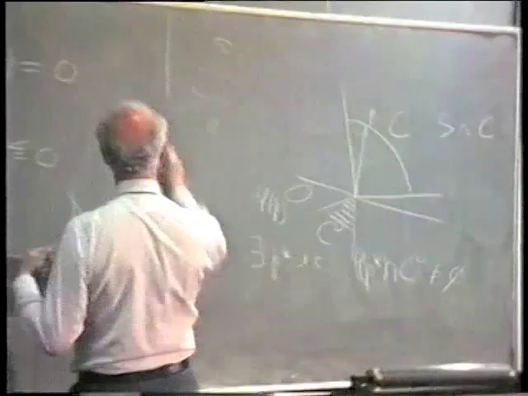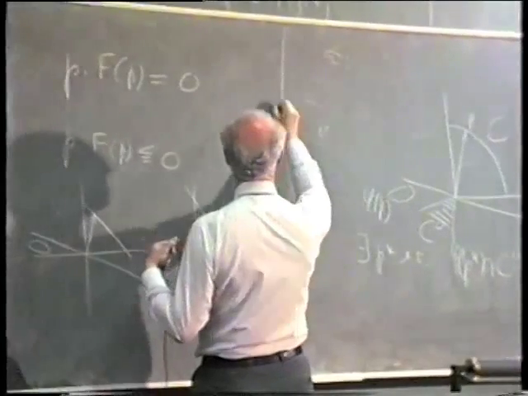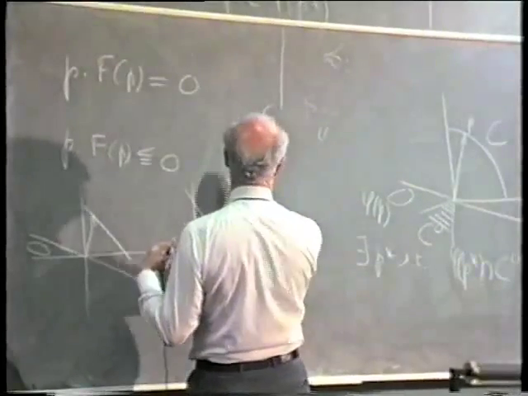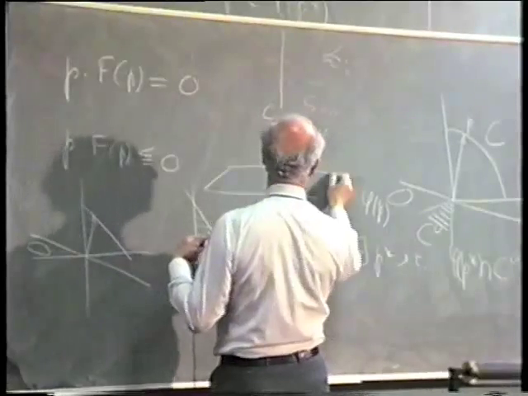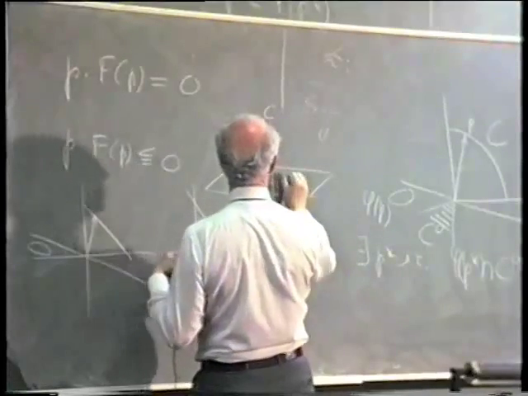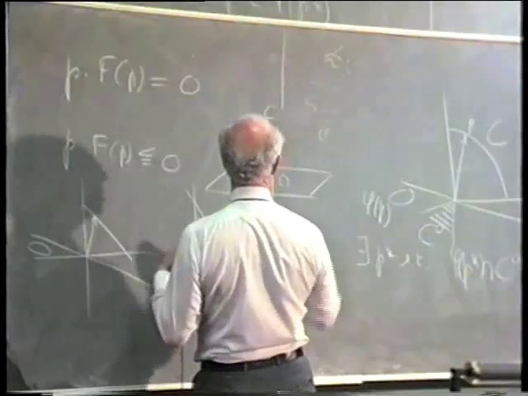Let me give you an example. Suppose that C is this straight line. Then the polar is the hyperplane orthogonal to C through the origin.